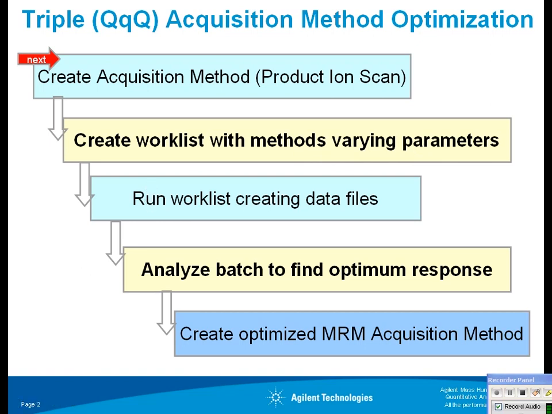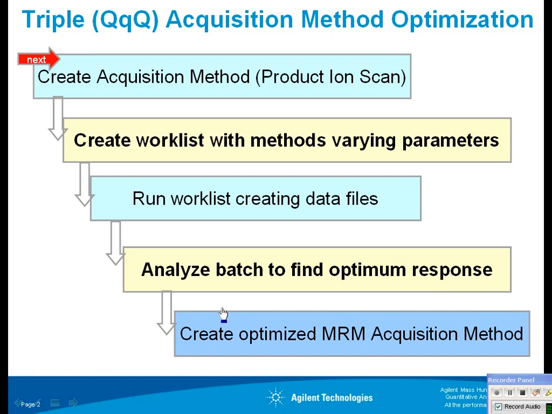The next step, once I've got that set of methods and the associated work list, is to actually run that work list, that controlled set of experiments. I'm going to run those on the instrument, creating a set of data files. And the next step, which again I'll spend a bit of time on, is how to load those results into quantitative analysis and qual to determine what is the optimum conditions to give me the greatest sensitivity.